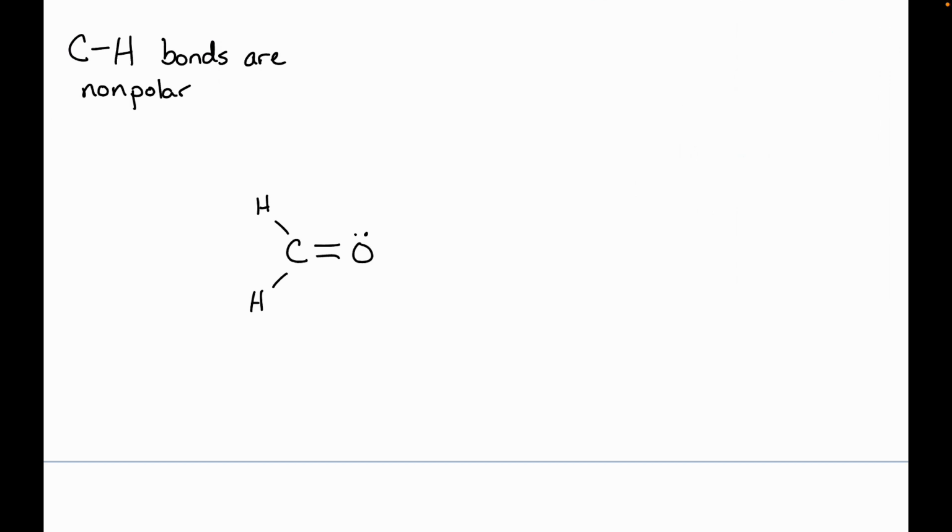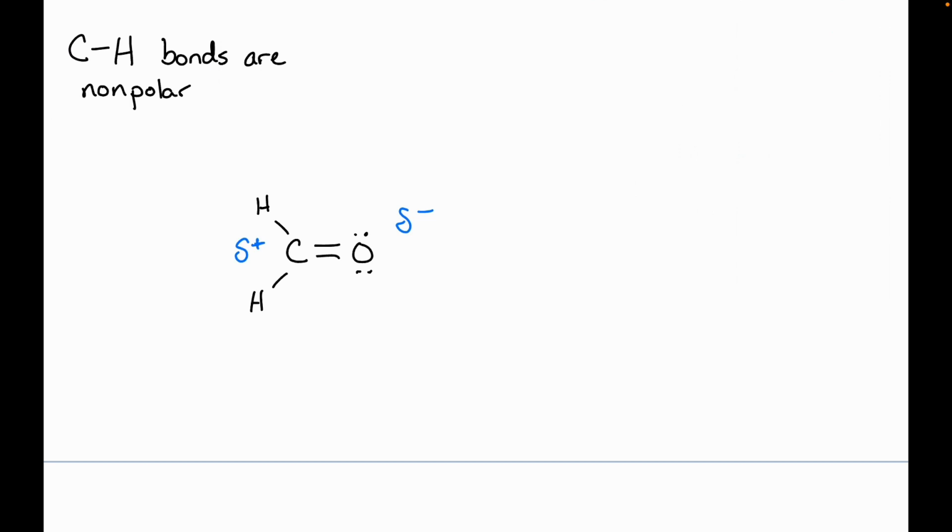This is the structure of that molecule. And this is another example of a polar molecule. This oxygen here has a bunch of electron density sitting on it, leaving it with a partial negative charge. This carbon over here is left relatively electron deficient and thus has a partial positive charge.